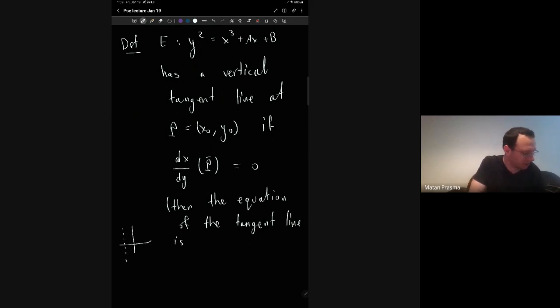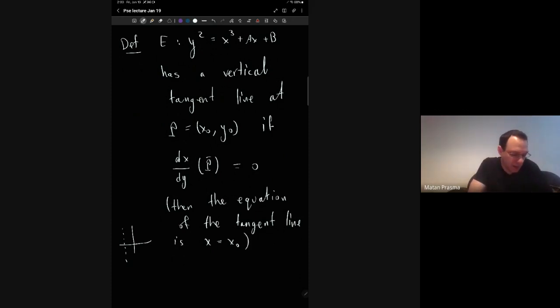It means that x, yes, x is equal to a constant, which in this case is x0.